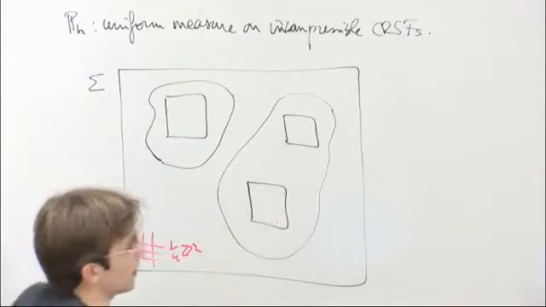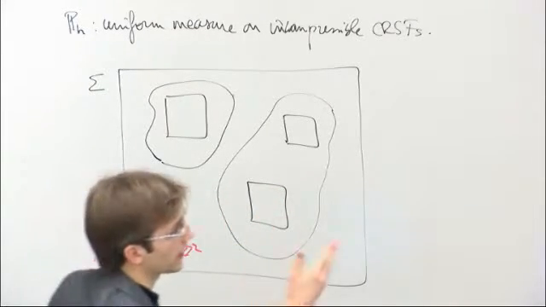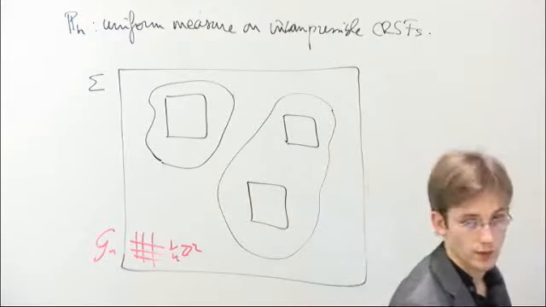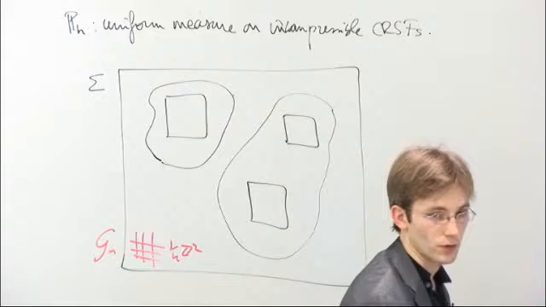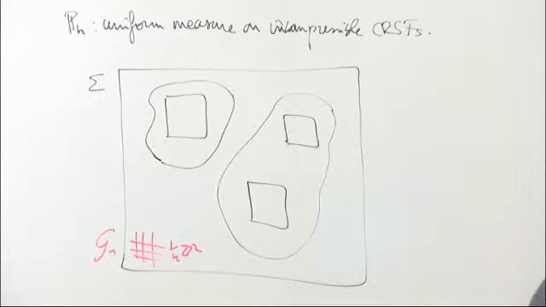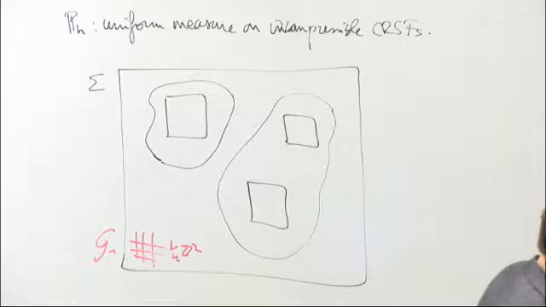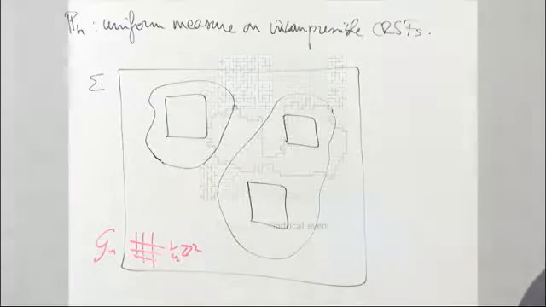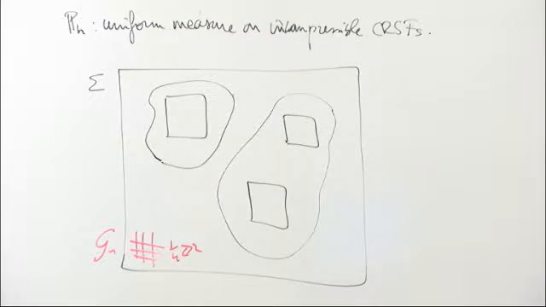For the surface sigma, Omega_k means the multicurves with k curves. This is naturally endowed with the structure of a metric space, and we can consider F to be its Borel sigma field. I will define the two next notations in a second. So that's, for example, what an incompressible CRSF on such a surface would be.